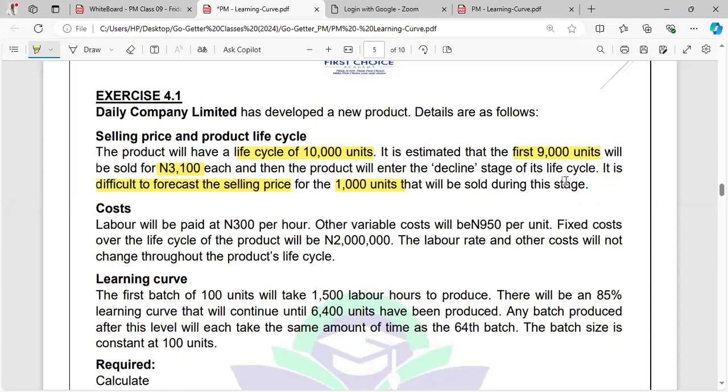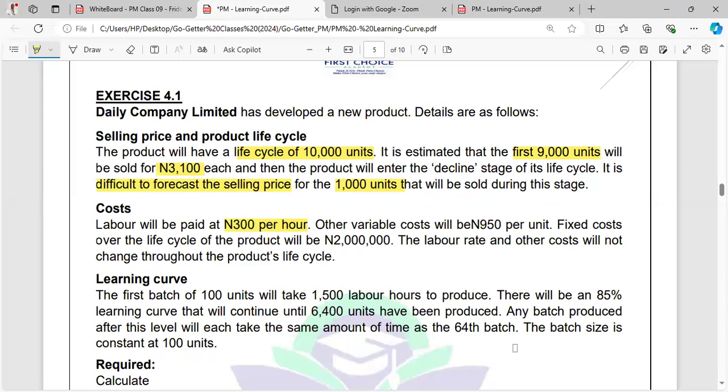Let's go to this question. Labor will be paid at 300 naira per hour. Now, what is it telling me? Labor is given to us as a value in naira, not in hours. So I am thinking that my answers are going to be in naira.